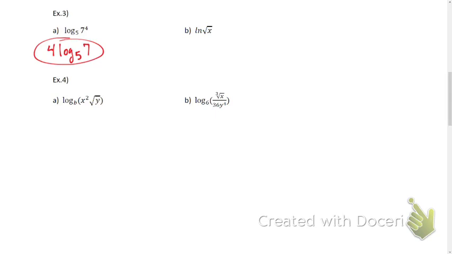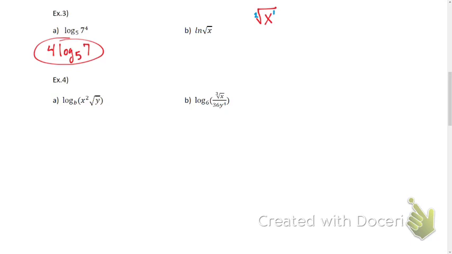On 3b, it uses a concept that we talked about a long time ago. We had an exponent lesson, and we talked about how this right here really has a 1 right here and a 2 right there, right? Because it's square root of x.